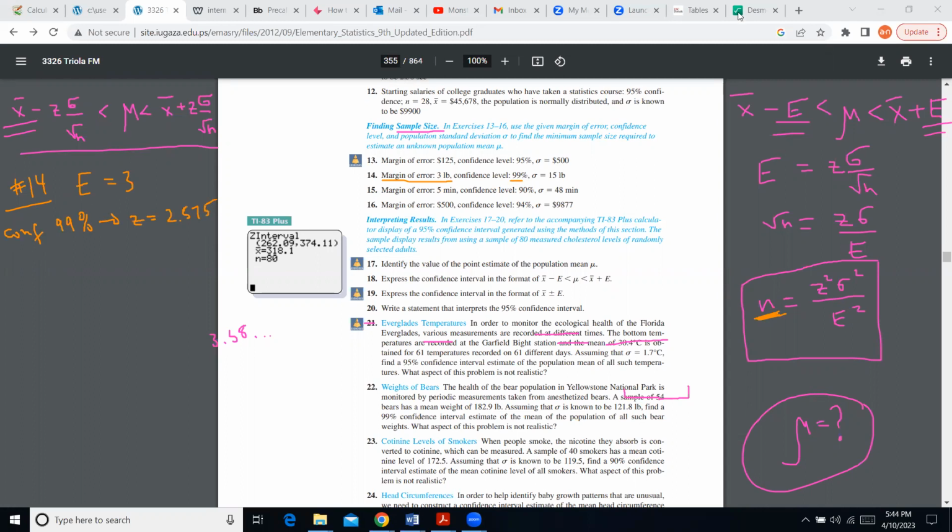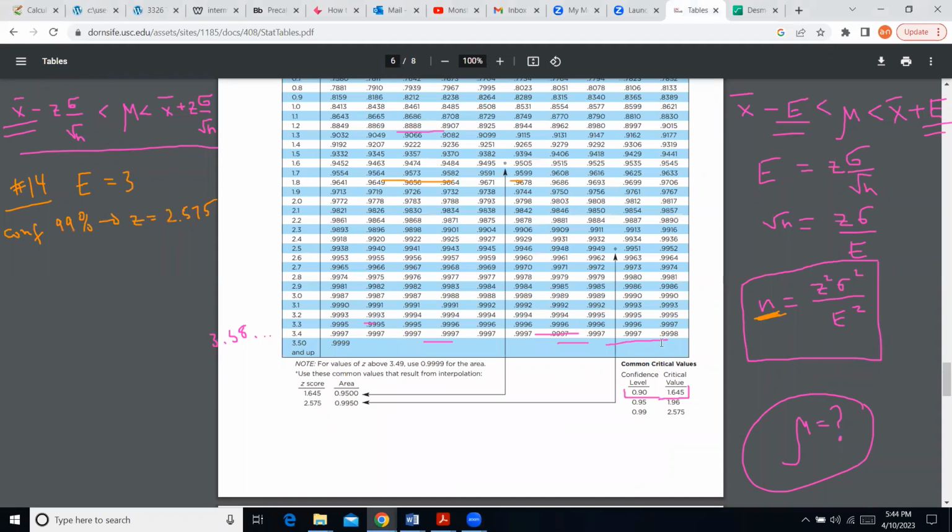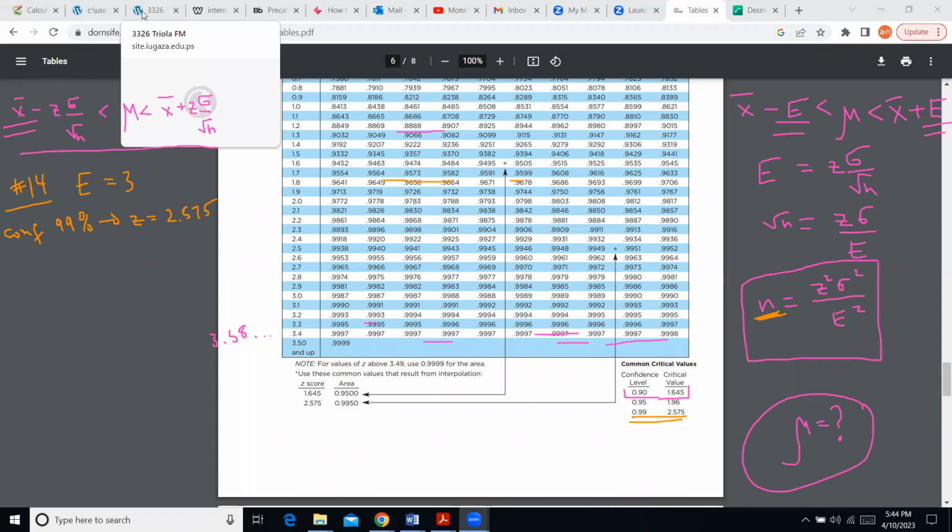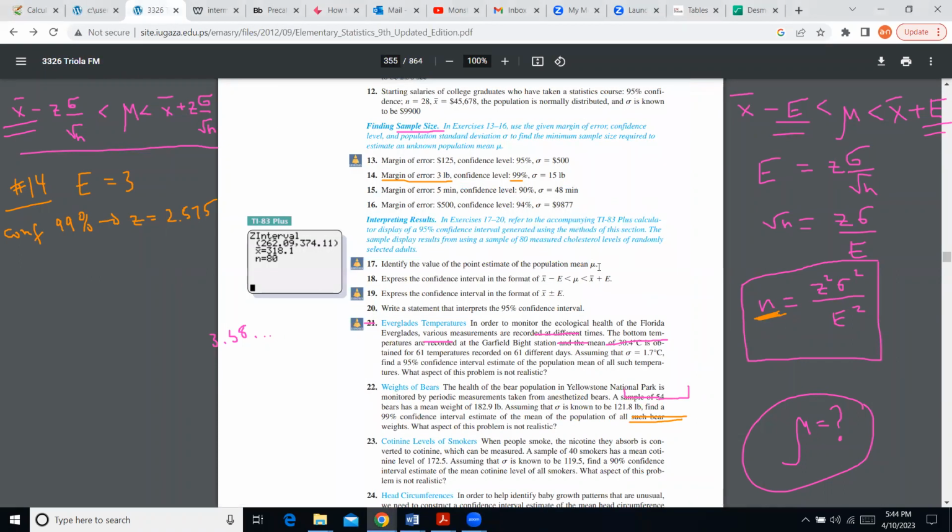If you have 99% confidence, check it out. It's here on the bottom, 2.575, remember. Okay, and also we have another number here that says the standard deviation is 15.